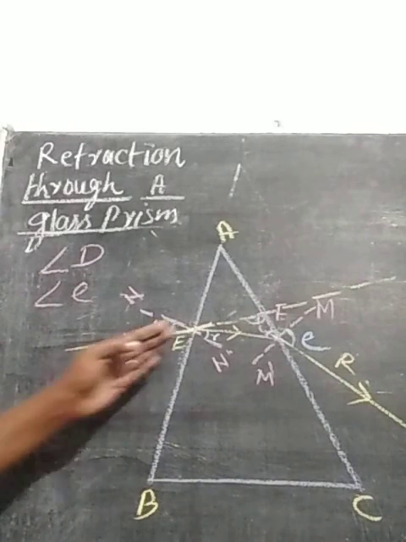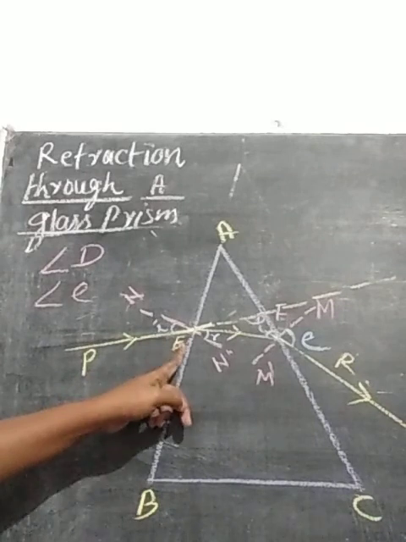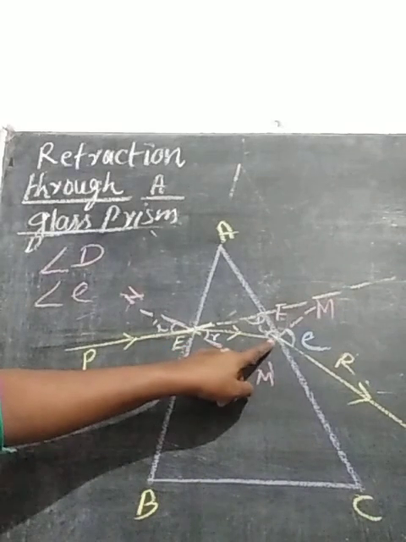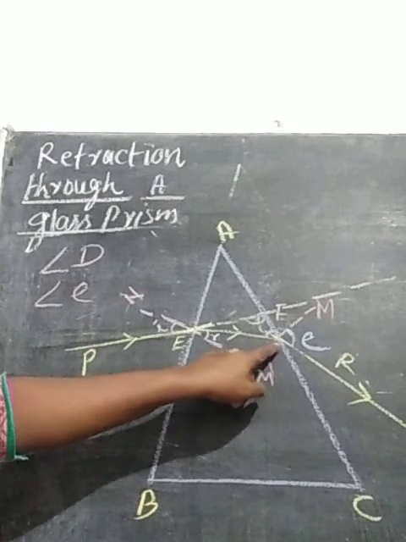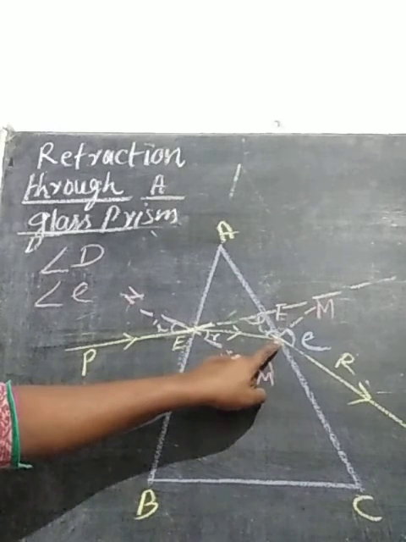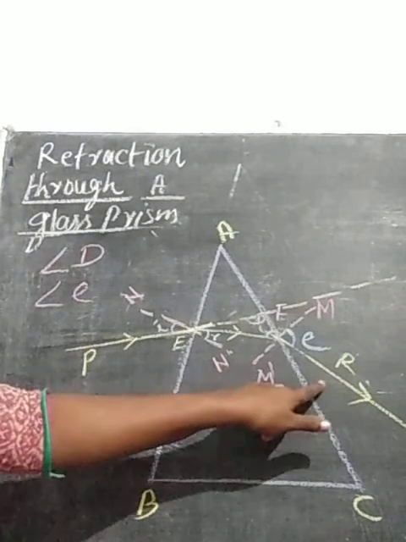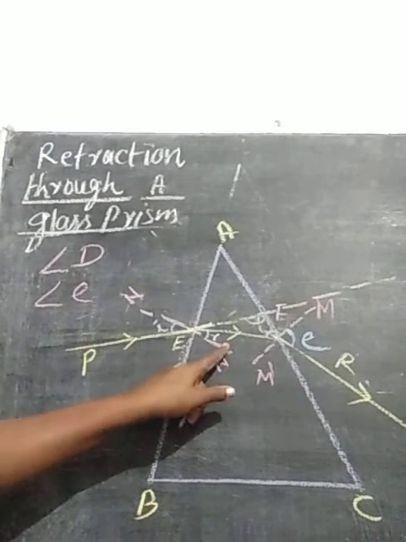So this is what happens when a light ray falls on the glass prism. On one side of the glass prism, P is the incident ray, and at the point E the ray undergoes refraction for the first time. Again at the next point F, the ray undergoes refraction one more time. This is the finally refracted ray, this is the incident ray, this is the first refracted ray.